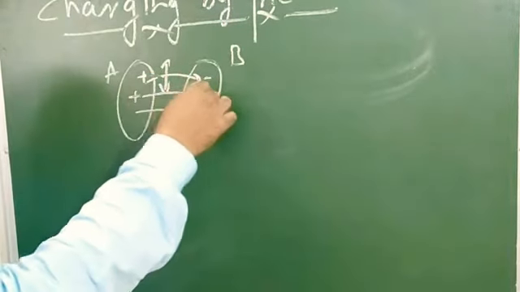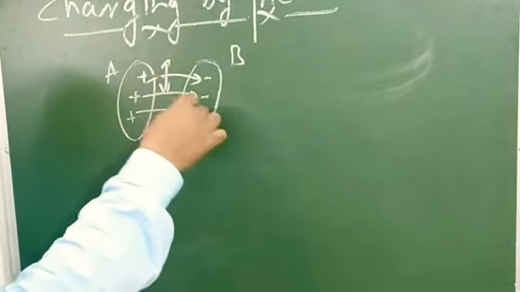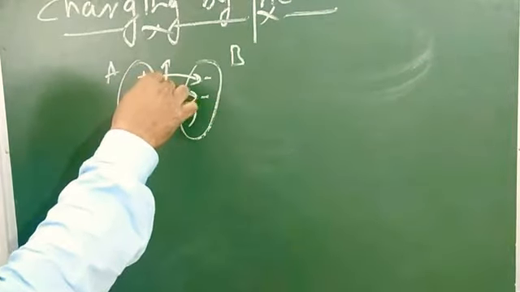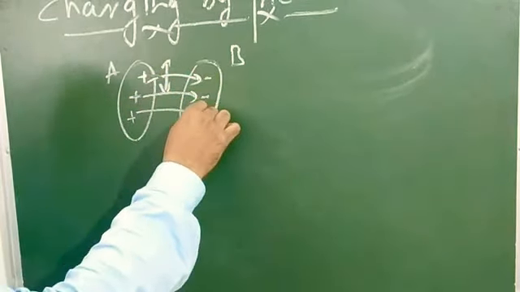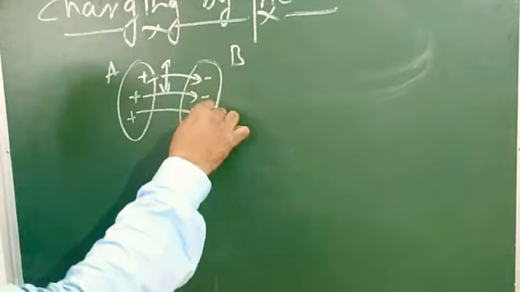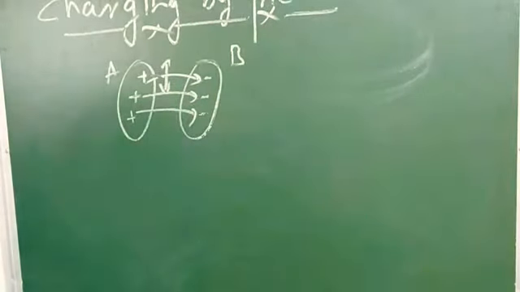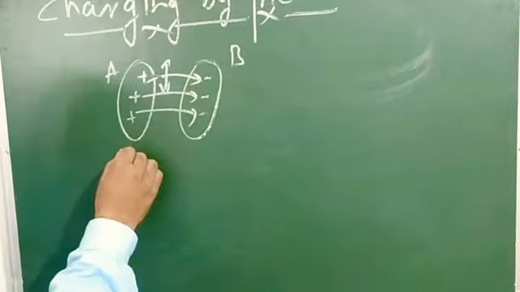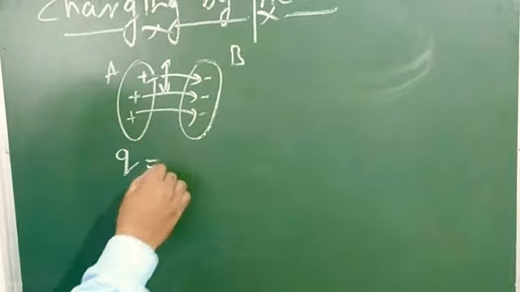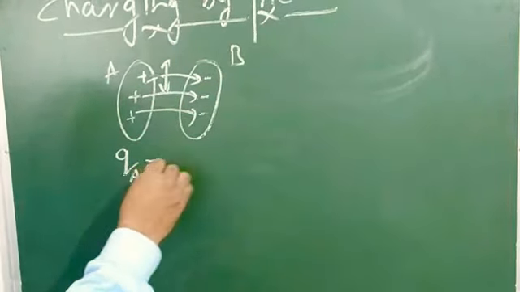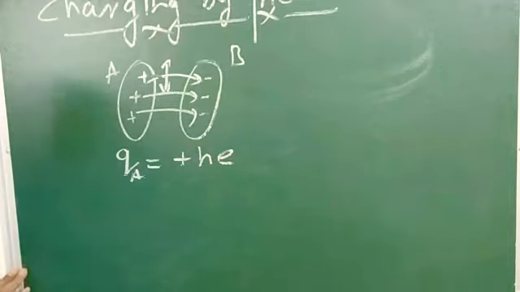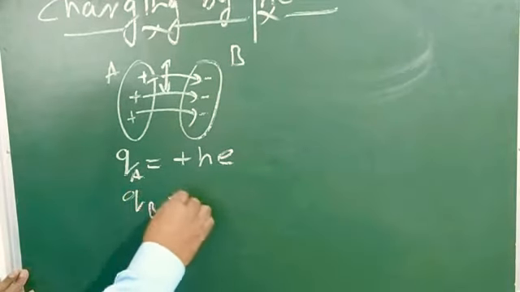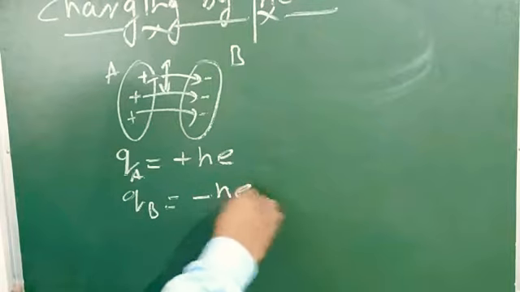Suppose 3 electrons are transferred, then 3 × 1.6 × 10^-19 coulomb positive charge will be developed on body A, and -3 × 1.6 × 10^-19 coulomb negative charge will be developed on body B. Let n be the number of electrons transferred, then on body A, +ne amount of charge will be developed, and on body B, -ne charge.